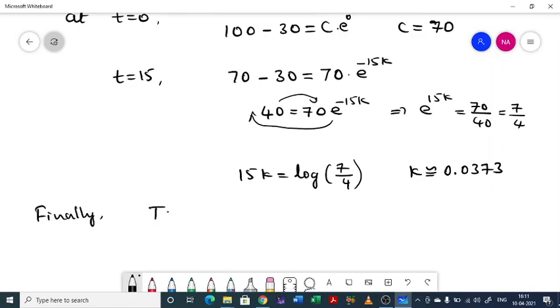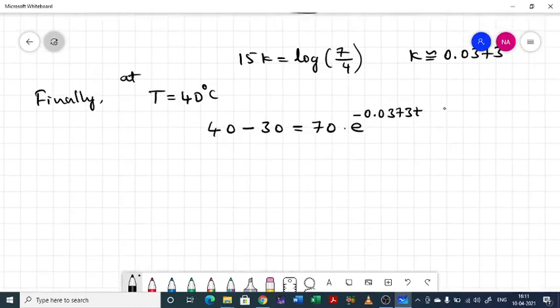Next, finally, we have T equal to 40 degrees Celsius. At T equal to 40 degrees Celsius, let us write the formula. Capital T 40 minus T naught 30 equal to C, which is 70, into e power minus 0.0373 t.